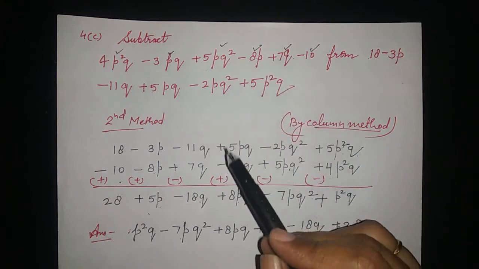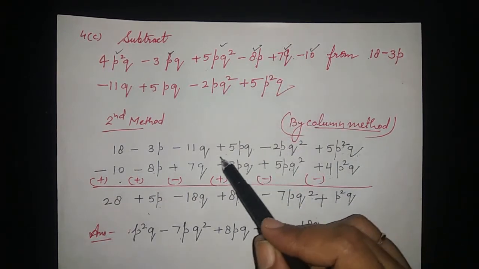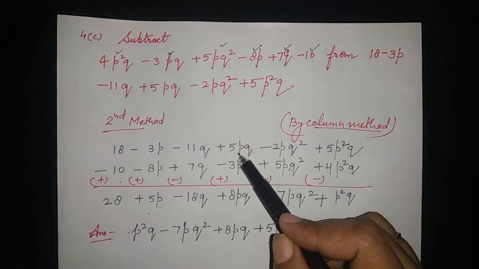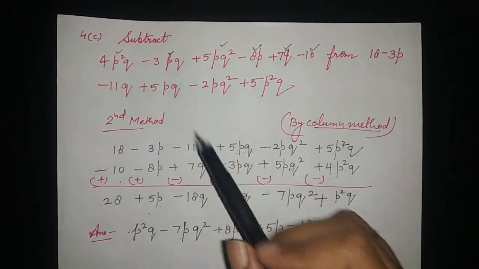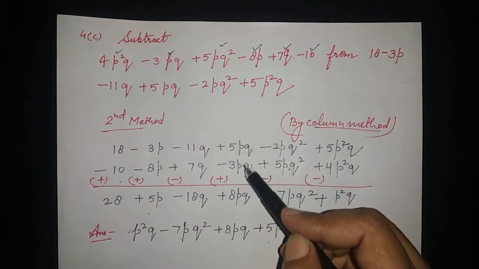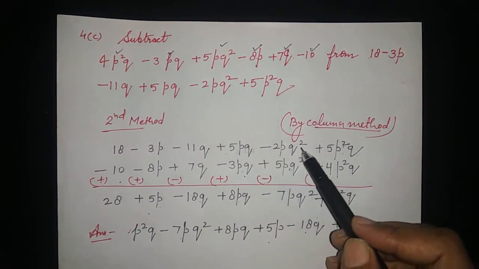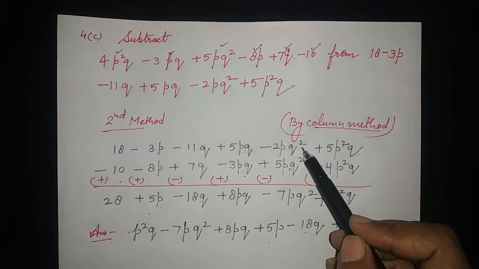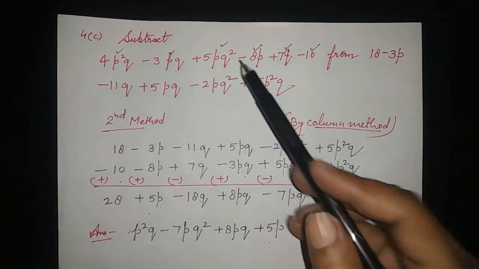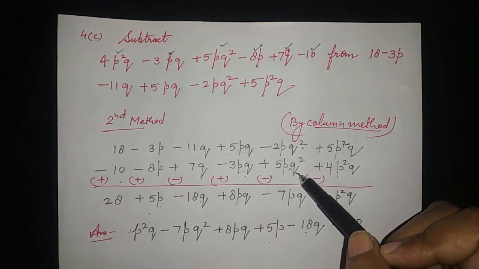Okay. Then below plus 5pq we will write this minus 3pq. Clear? Because they both are like. And below minus 2pq square, what we have to write? Plus 5pq square we have to write.